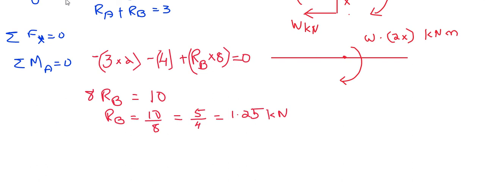RB you got, and RA you can get from the other equation, so RA is equal to 3 minus RB, so that will be 3 minus 1.25, that will be 1.75.